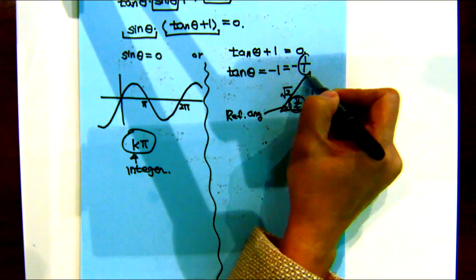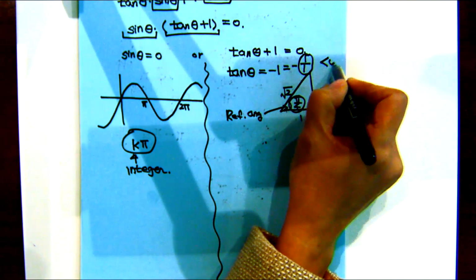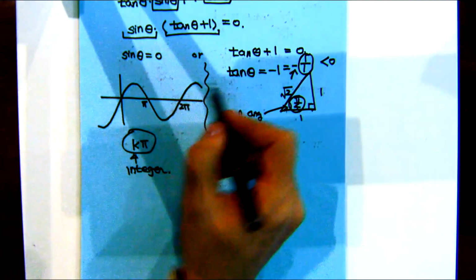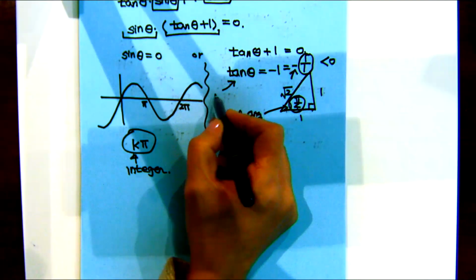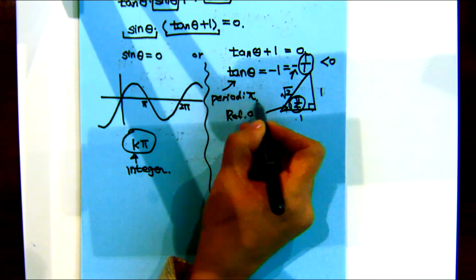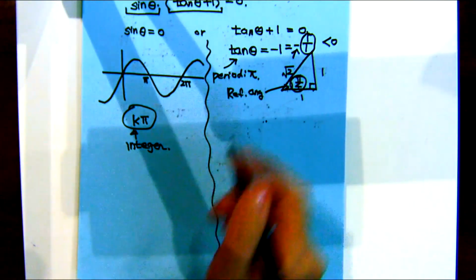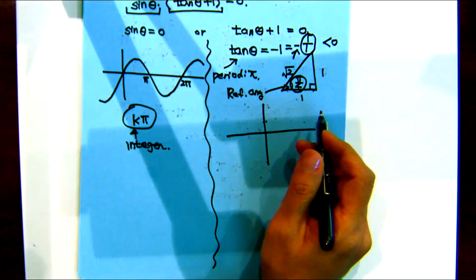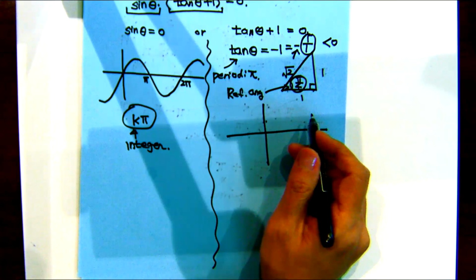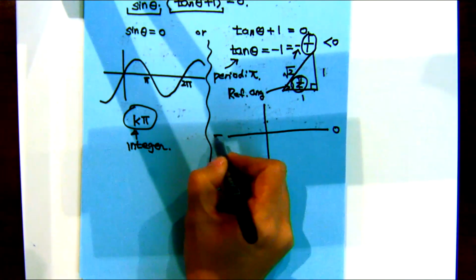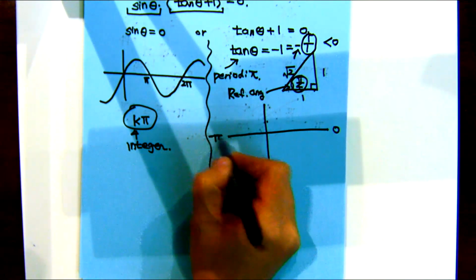So far we worked on this part, and the next part we have to notice is tangent is negative, and we know that the period of tangent is pi, right? So I would draw the angle in the quadrant between 0 and pi because of the period condition.